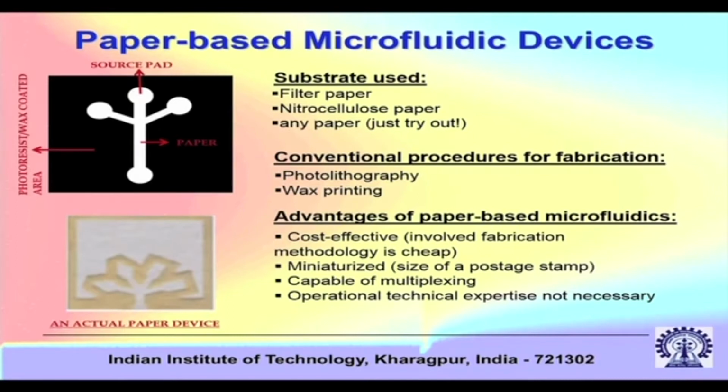However, it is always important for the developing world to go for microfluidic substrates which are even less expensive, and the least expensive substrate that we can think of is paper. So, can we make microchannels on paper?